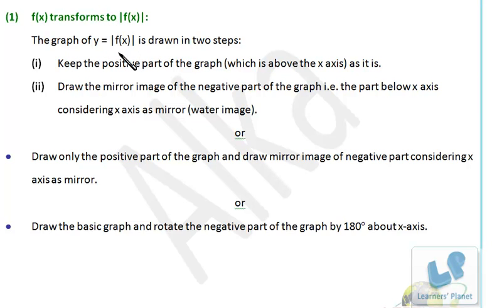The graph of y equals modulus of f(x) is drawn in two steps. Keep the positive part of the graph, that is above the x-axis, as it is, and draw the mirror image of the negative part of the graph, that is the part below the x-axis, considering the x-axis as a mirror, or you can say water image you have to draw, right?